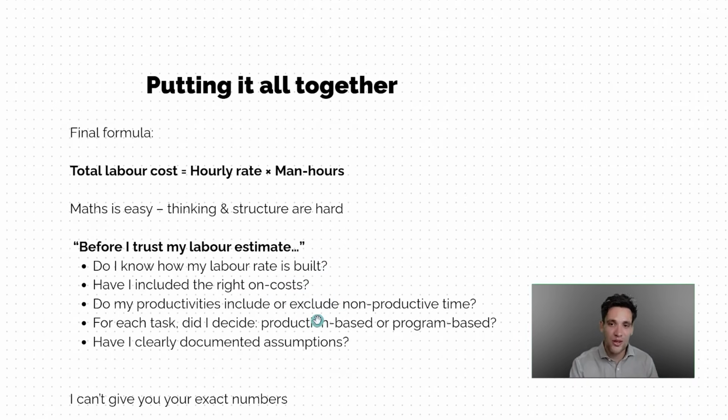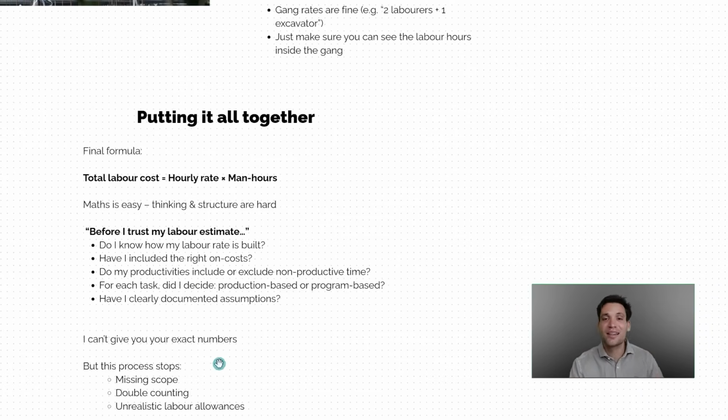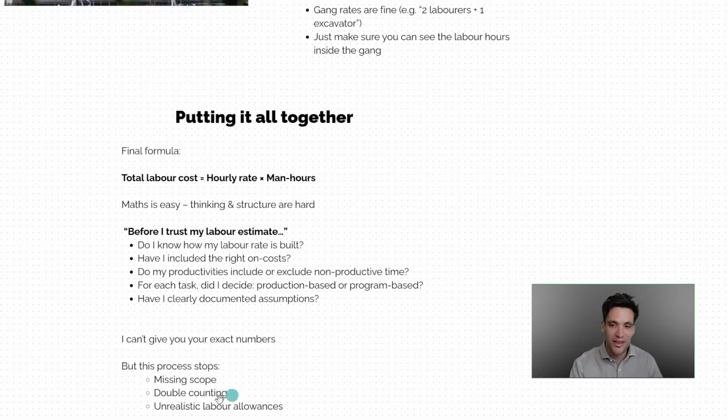Have you included the right on cost? Do your productivities include or exclude non-productive time? For each task, did you determine correctly whether it's production or program-based, and have you clearly documented your assumptions around this? Again, I can't give you the exact numbers, but this is the process I use to think through my labor estimates to avoid missing scope, double counting, and undercounting.